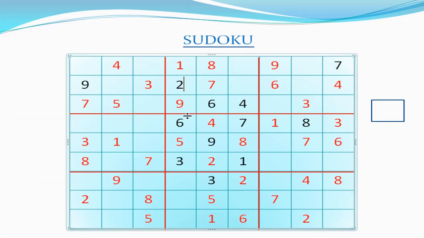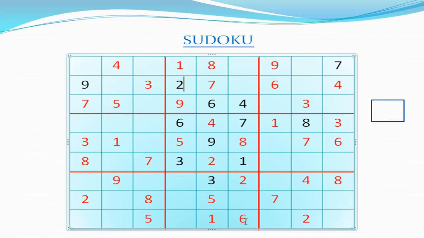I'm focusing on this block. I have 1, I have 2, and 3 is missing. So let's try to place 3. Can I place 3 here? I'll check the row. No 3 there, so I may.